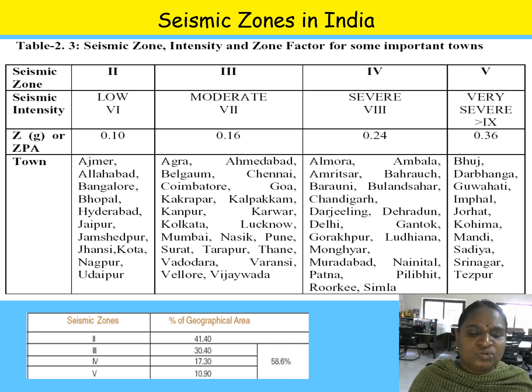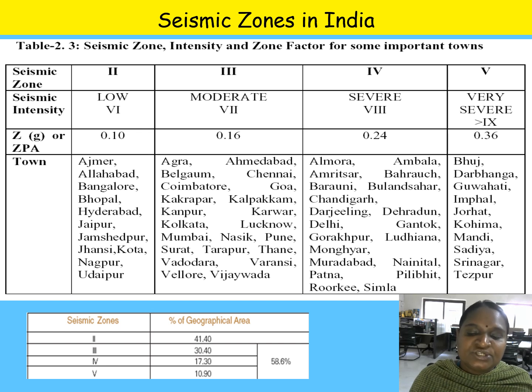When it comes to zone 4, the effect will be severe and the zone factor will be 0.24, and when it comes to seismic zone 5, it is a very severe condition and the zone factor is 0.36. Here you can see the seismic zones 2, 3, 4, 5.